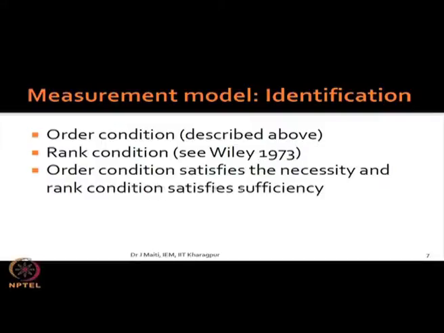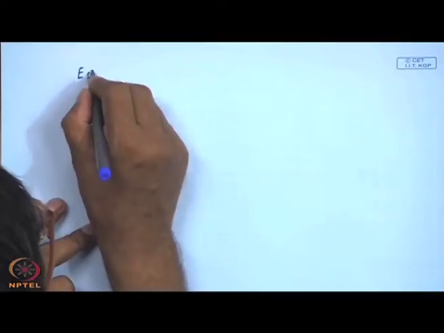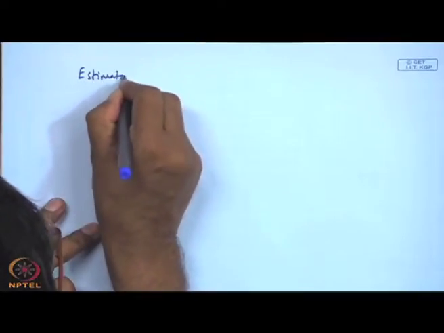So, the order condition satisfies the necessity and the rank condition satisfies the sufficiency. Let us assume that it is done, in the sense that the model is identified. If the model is identified, the next step is how to estimate the model. So, estimation of model parameters.